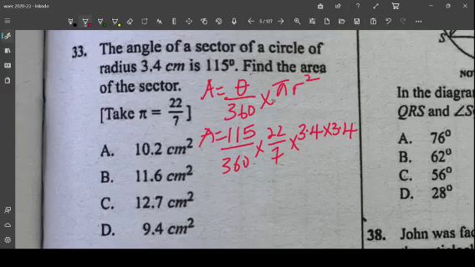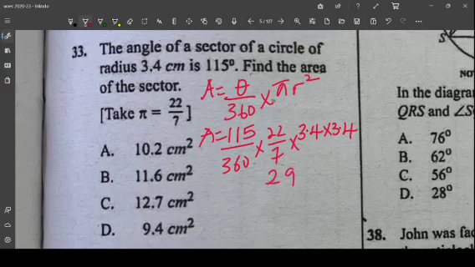So let's solve the numerator first. For the numerator, I have 115 times 22 times 3.4 times 3.4. That gives me 29246.8.